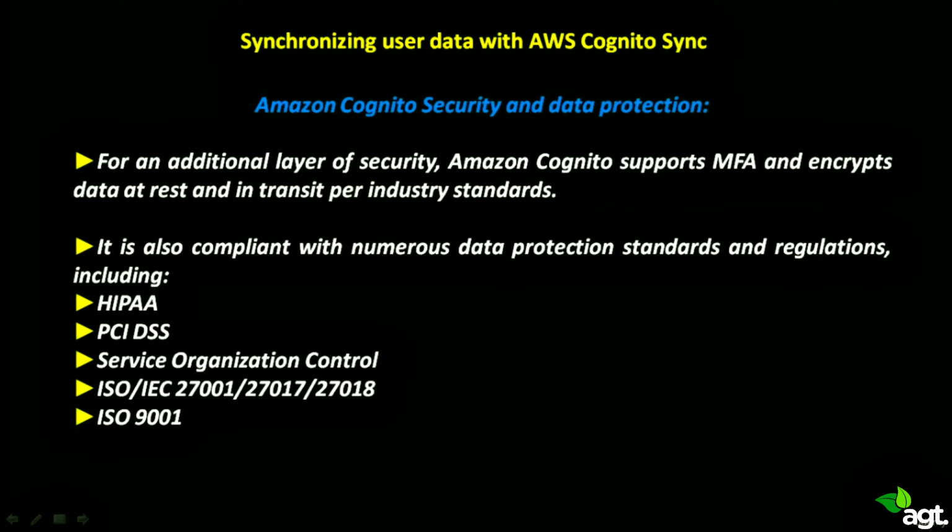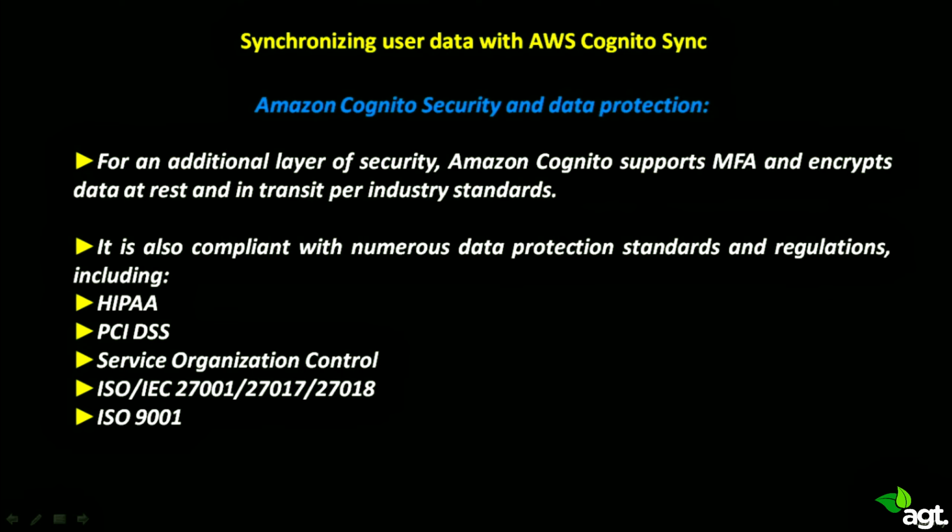So Amazon Cognito security and data protection we need to understand, because security in Amazon Cognito aligns with AWS. It means a shared security model for data protection. AWS provides security of the cloud, while organizations are responsible for security in the cloud. For an additional layer of security, Amazon Cognito supports MFA and encrypts data at rest and in transit per industry standards.